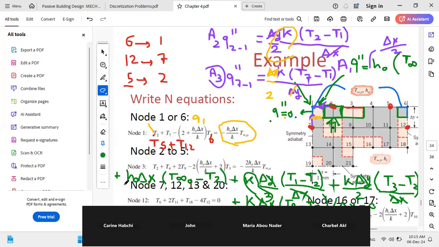First minus H0 delta X, and if I divide by K over 2, I will get 2 H0 delta X over K. So the coefficient of T2 will be minus 2 H0 times delta X over K. And I also have T2 here, so it's minus 1 and minus 1, because I simplified K over 2, so minus 2. This is the coefficient of T2.